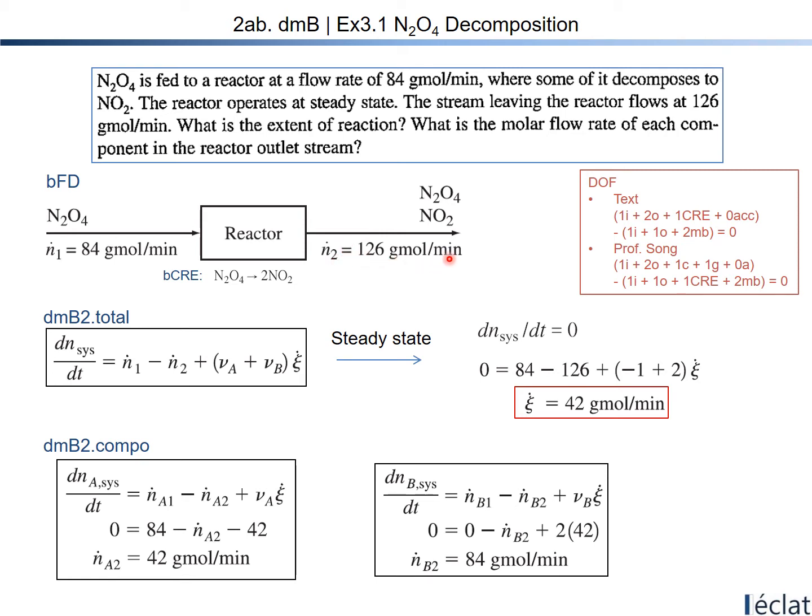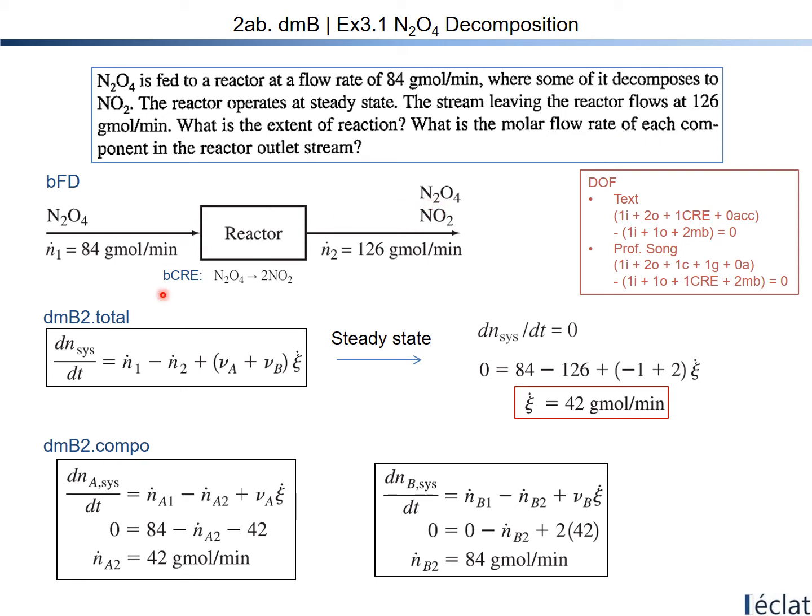In this stream, you can find two different components: one is the reactant N2O4, and the other is NO2. The question is, what is the extent of reaction? That is the first job. And what is the molar flow rate of each component in the reactor outlet stream?